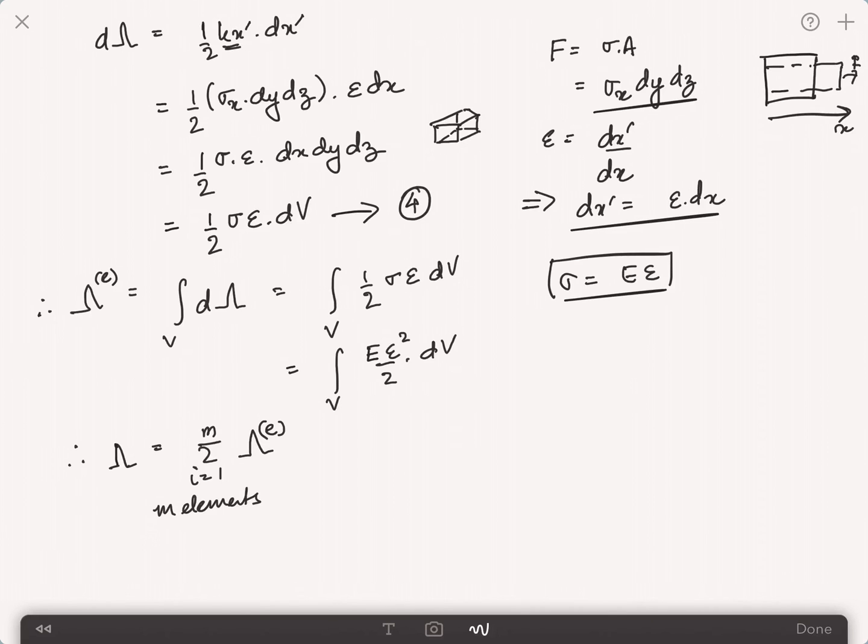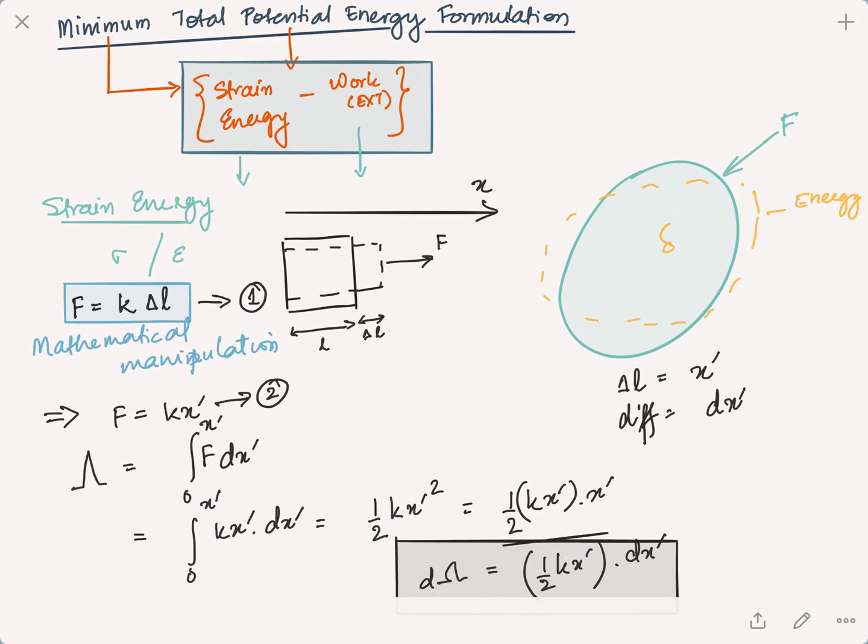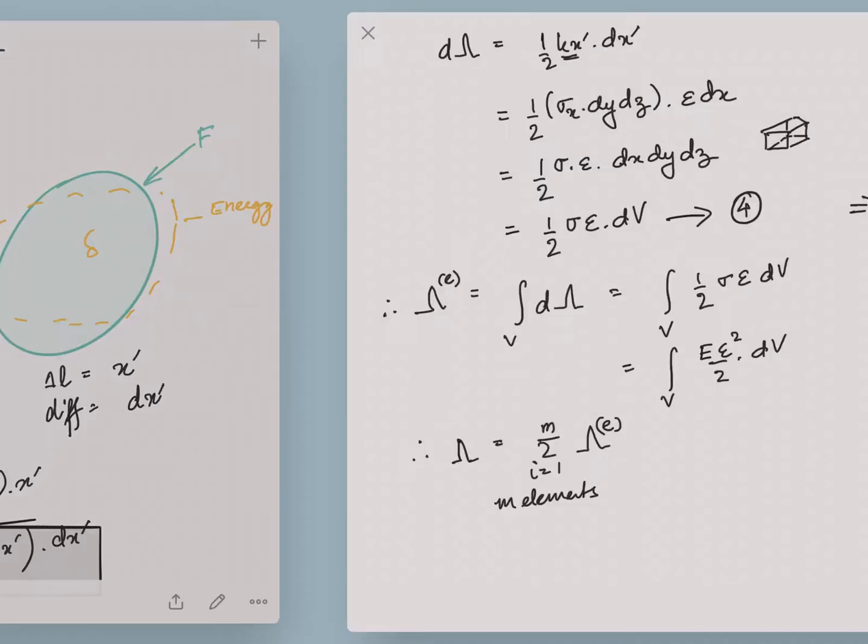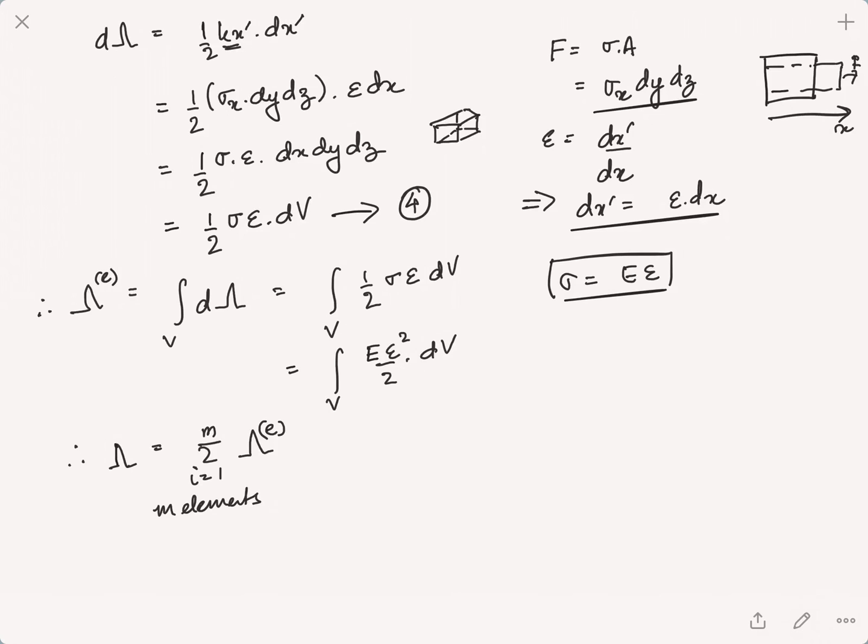Now, if I have a certain system and there is also external work done on the system, then as I mentioned before, the total potential energy of the system is defined as the strain energy of the system as well as the work done externally on the system. And the work done externally on the system is nothing but the product of the force acting at every node in the system, as we have already seen before in the finite element formulation.